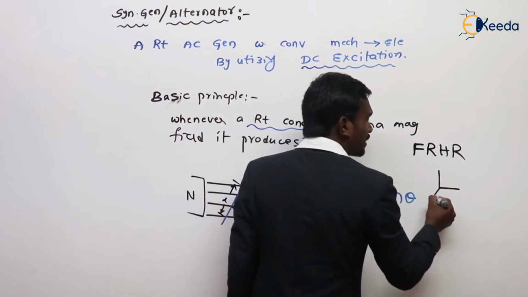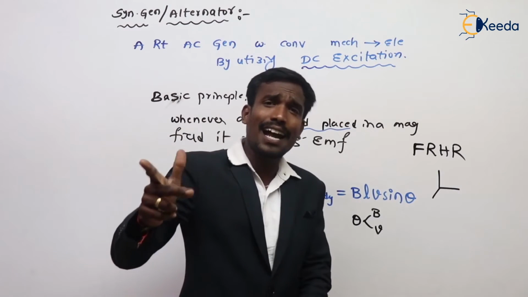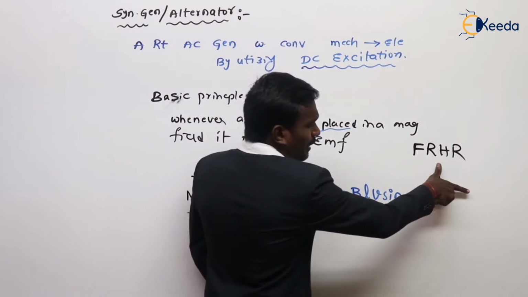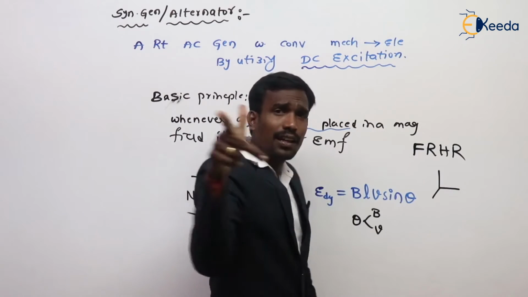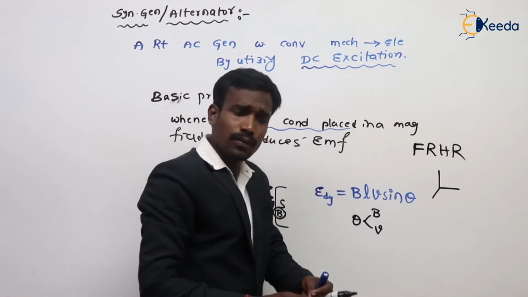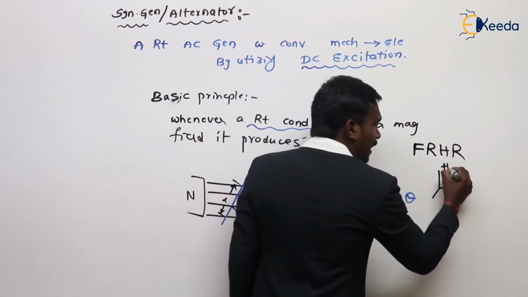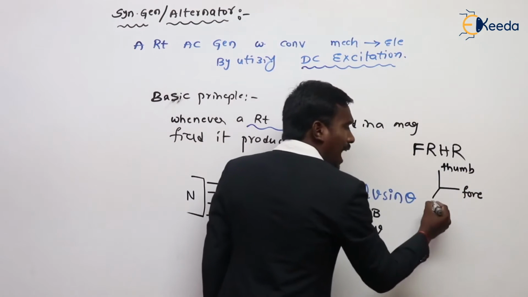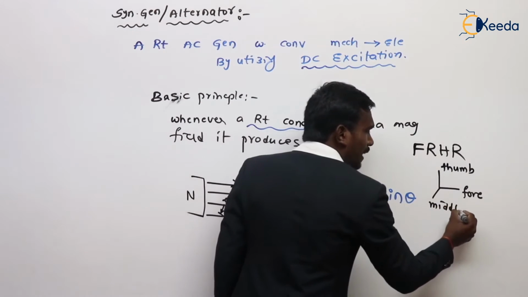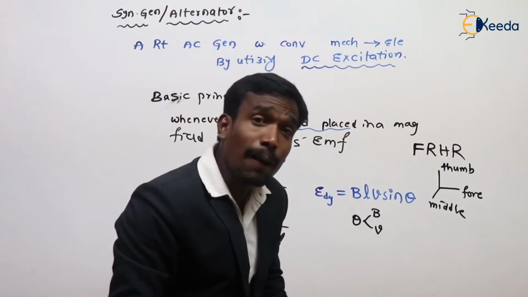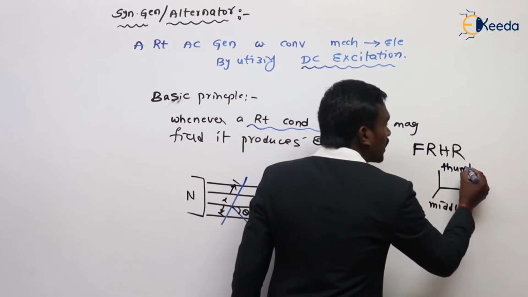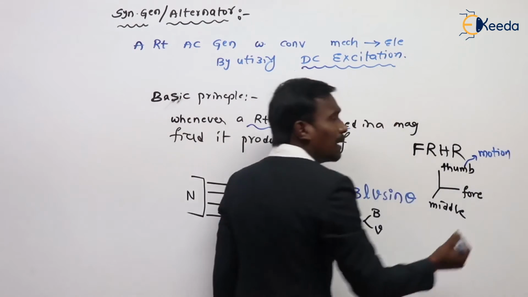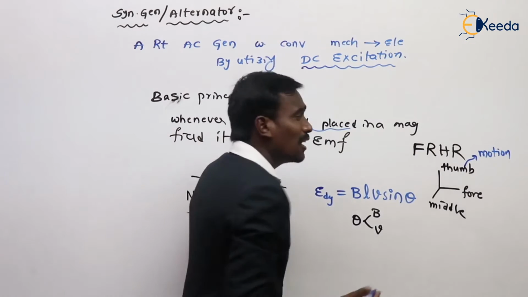According to Fleming's right hand rule, take the right hand three fingers at 90 degrees to each other. In that, one is the thumb, another is the forefinger, and the next one is the middle finger, where the thumb indicates the motion of the conductor, which is nothing but mechanical action.